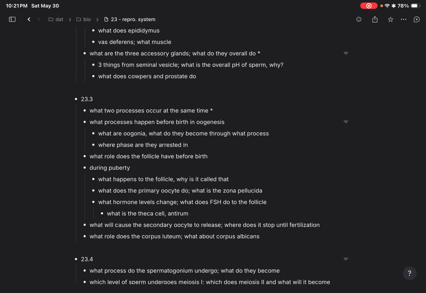What role does the follicle have before birth? It doesn't really have a role. It's just there, composed of granulosa cells, inactive at this point. So now during puberty, we're going to go through another change. What happens to the follicle? The primary oocyte doesn't really change too much during puberty.